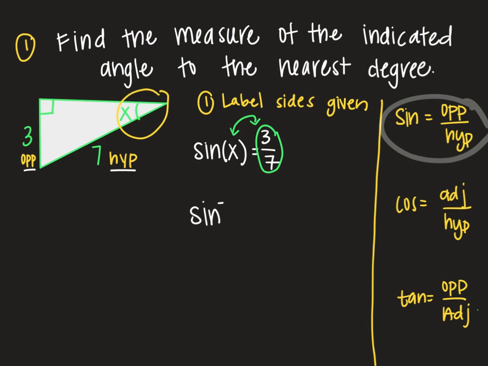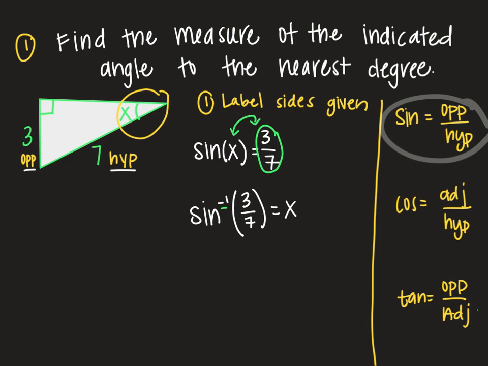So I do sine inverse of my fraction, 3 over 7, equals x. I'm flipping my x and my 3/7, they're in different positions, and I've added this inverse function. That's pretty much all you have to do on these.